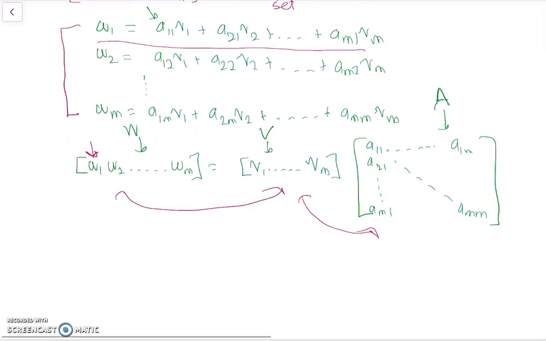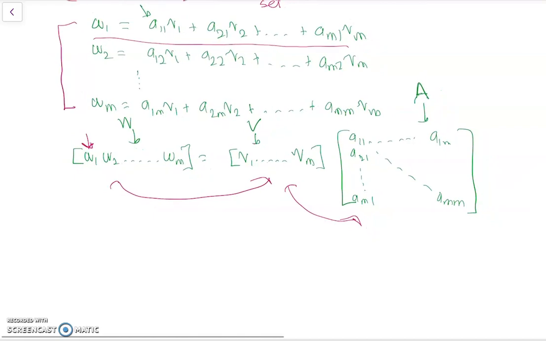I'll prove it by contradiction. Assume A is not invertible.